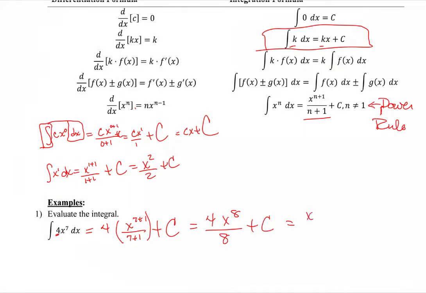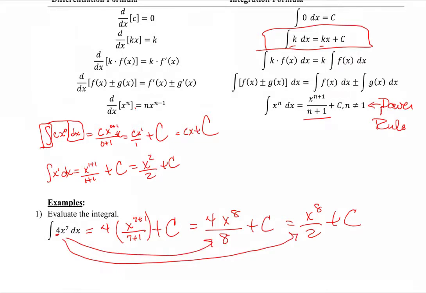So that's x to the 8th over 2 plus c. Now let me say this. If you can go from here to here or from here to here, then go forth and do it. Okay? And if you forget the plus c, minus 1. Minus 1 for no plus c.